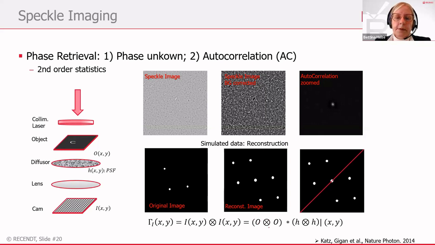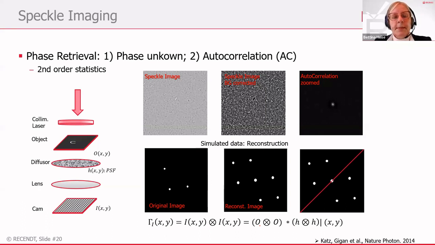You have a correlation of the object and a correlation of your point spread function, and you know the autocorrelation of an image which is more or less like white noise gives a delta function, and then you multiply more or less your object with a delta function, and that is more or less the original object.